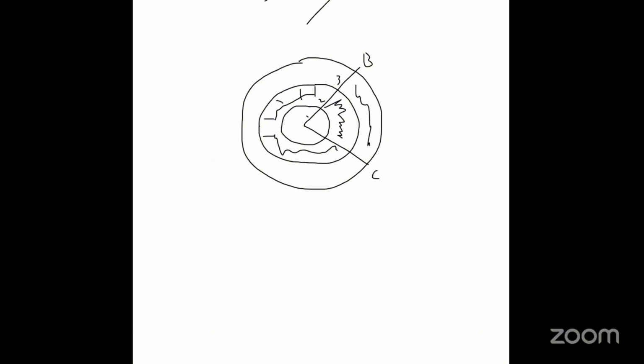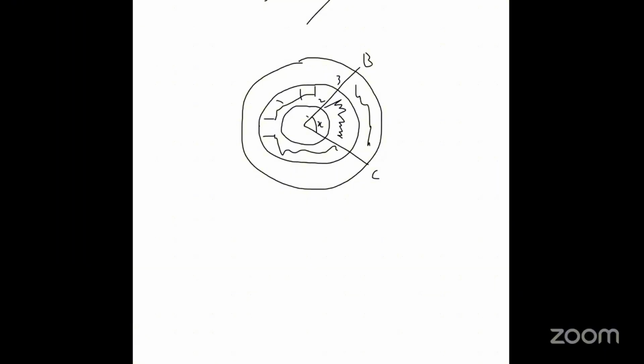If this is equal to the unshaded area, then we have to find what this angle over here is. Let's say this angle is X degrees.